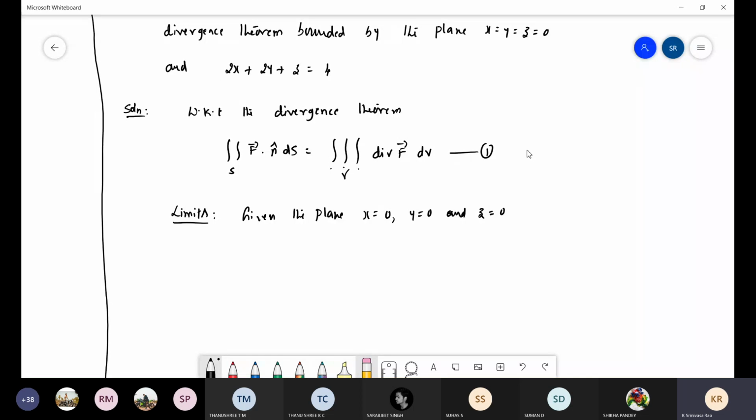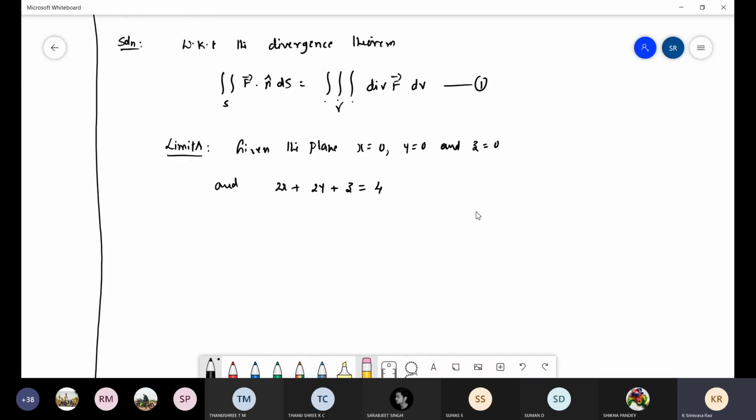What about the upper limit? The upper limit you have to calculate. Okay, just write down. I will tell you. And 2x plus 2y plus z equals 4. Okay, from this we have to calculate the upper limit.